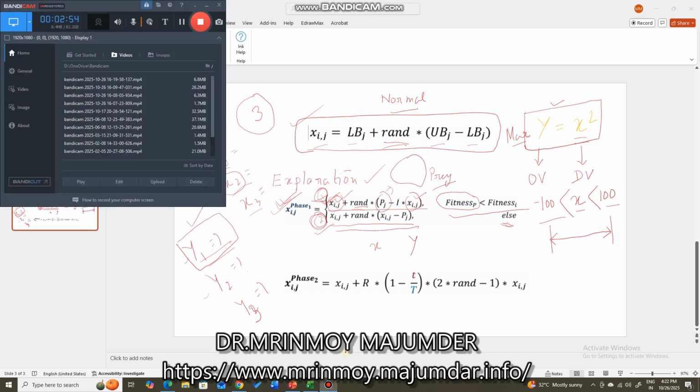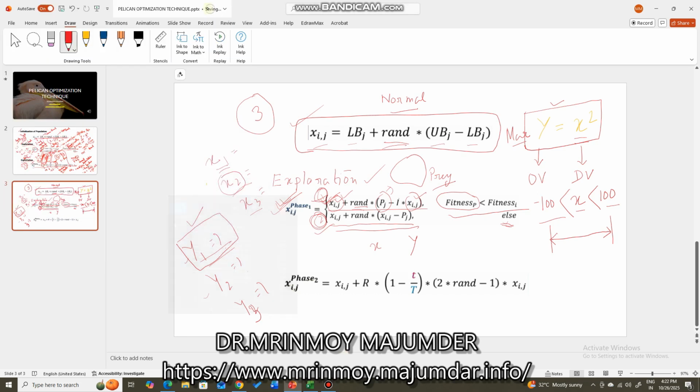What I want to say is that if the agent fitness function cannot outclass the prey fitness function, equation 2 will be used. If they have outclassed, then equation 1 will be used. Clear? That's all.